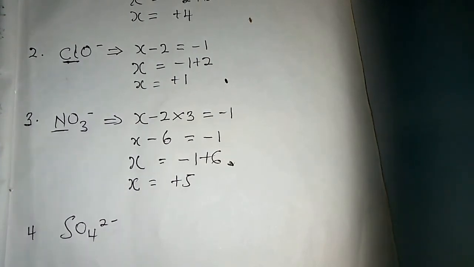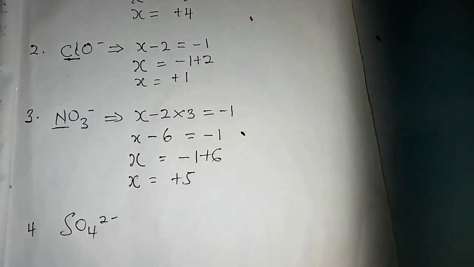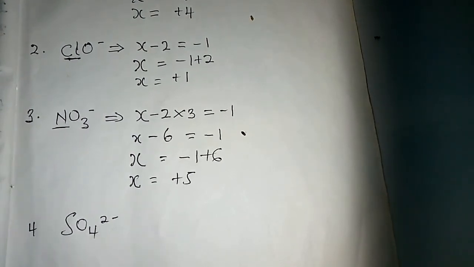Somebody will ask, why am I saying words like SO4 2 minus, NO3 minus without mentioning their names? Another tutorial will be on naming oxo atoms, oxo acids, and oxo anions. In that tutorial I'll be telling you the names of these radicals. So no problem, let's solve this one.